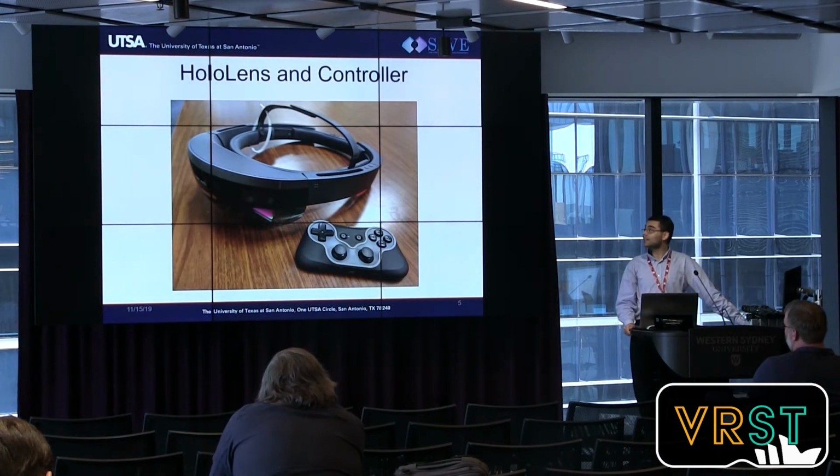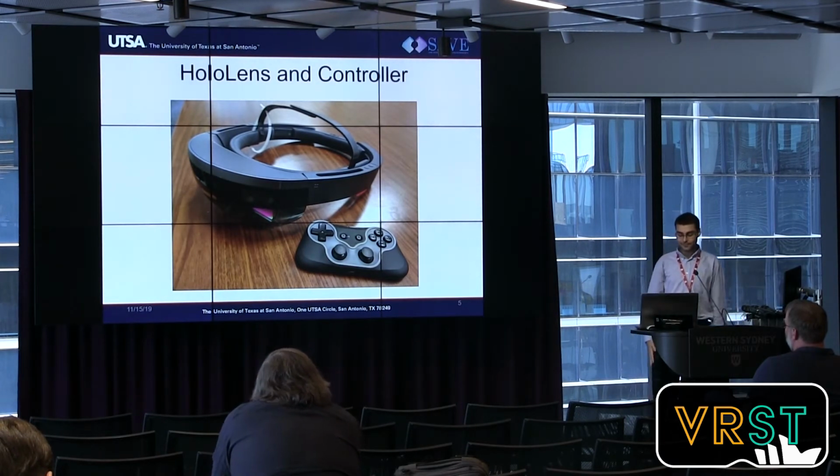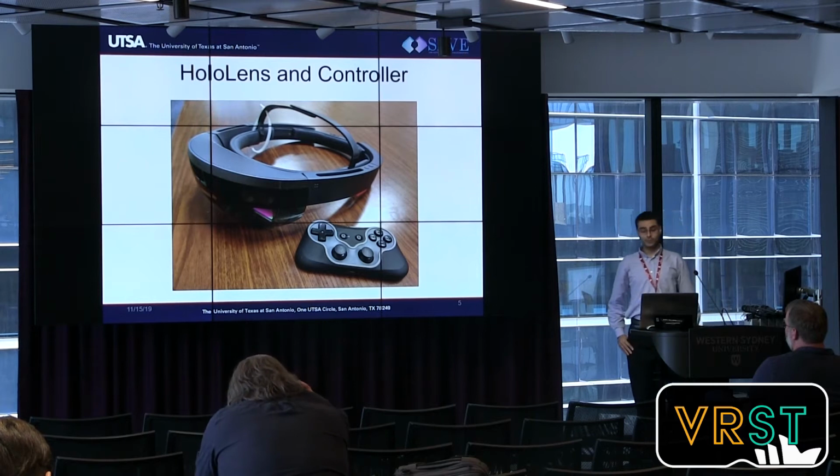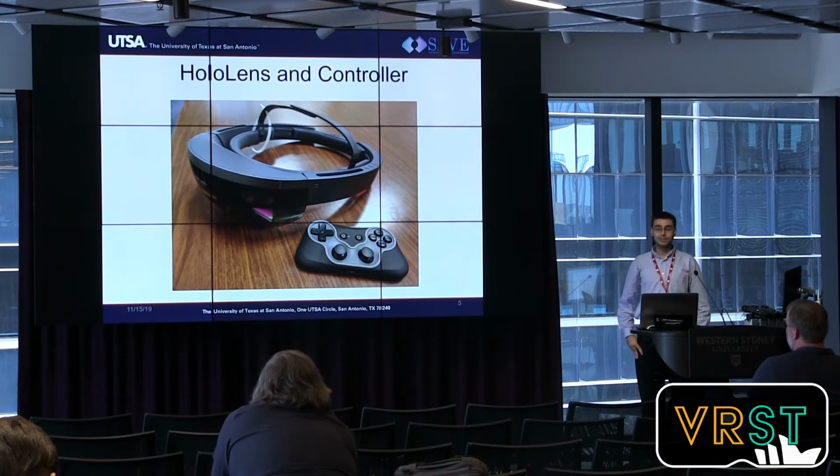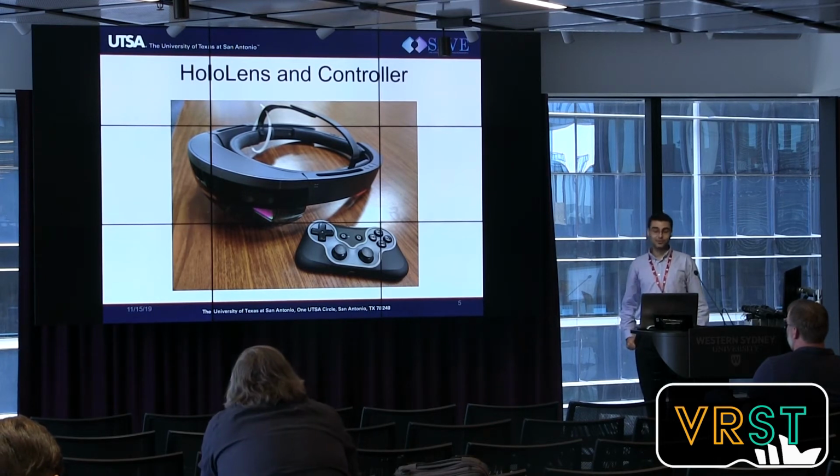Now we use the HoloLens, and rather than use the HoloLens clicker for our controller test, where we had some issues with the battery life, we used a standard Bluetooth controller instead.